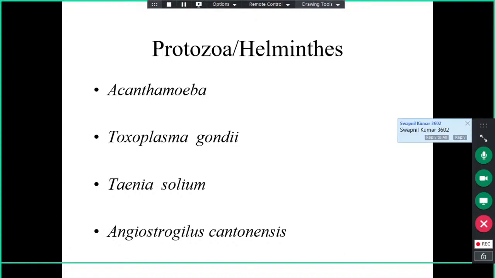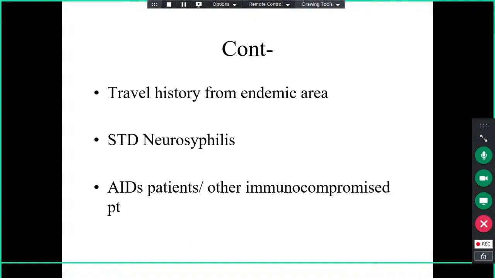Taenia solium, as you know, doesn't cause exactly chronic meningitis, but cysticercosis, you have to differentiate when a patient comes. Angiostrongylus cantonensis, basically this worm can cause a chronic meningitis-like syndrome, because it causes larva migrans. So the larva can go inside the brain.